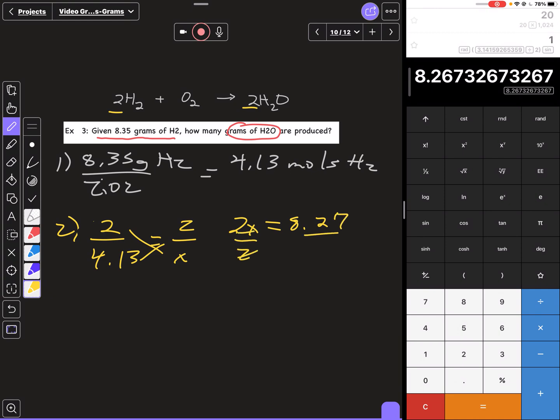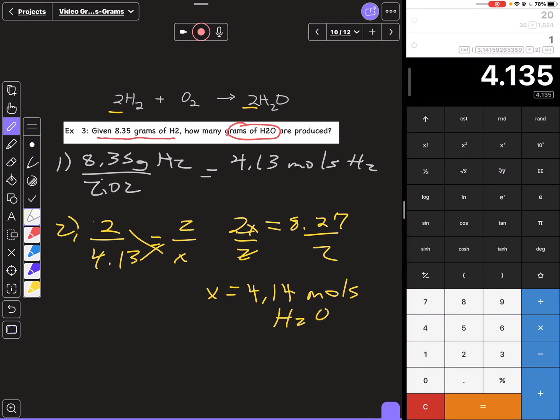Divide both sides by 2. 4.14. And that's going to be moles of H2O.